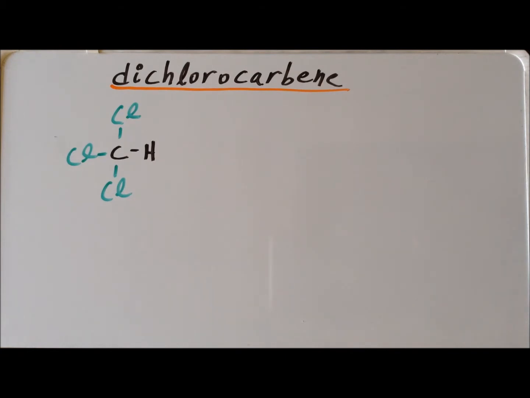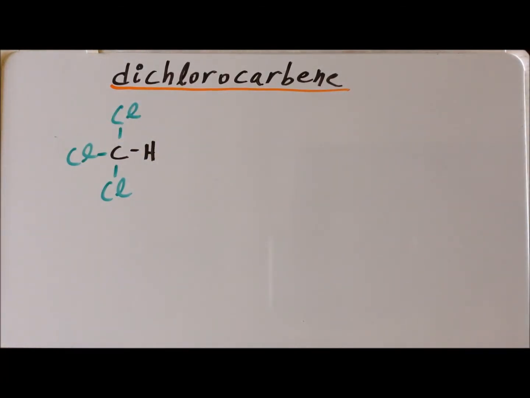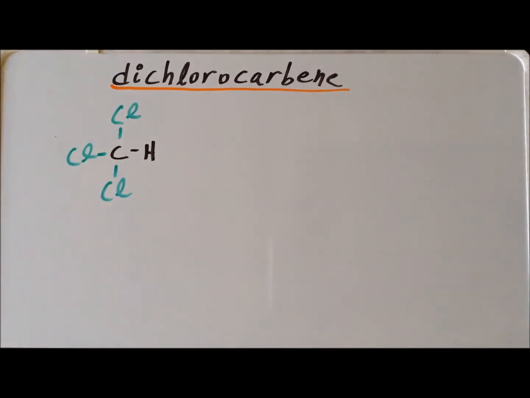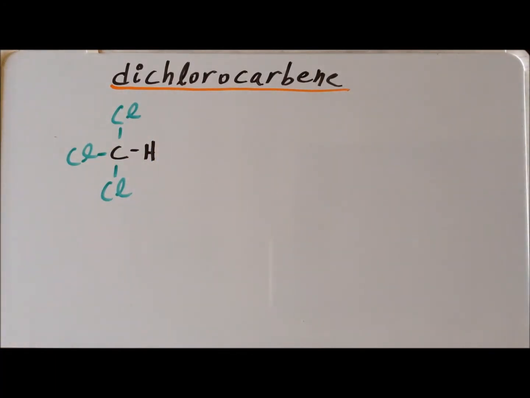Now we know one way to stabilize anions is the presence of electron withdrawing groups, and we know that chlorine is one of the most electronegative elements, so it is going to be a powerful electron withdrawing group. Here we have 3 of these powerfully electron withdrawing groups, which therefore leads to the fact that chloroform is more acidic than a typical alkane would be.